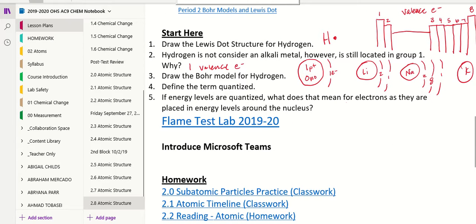Did anybody define the term quantized? There you go. Discrete values. And let me do a little analogy here that will help you understand this term discrete values.